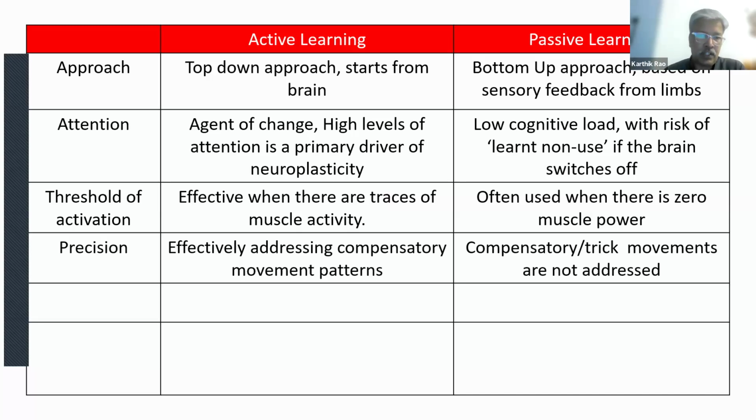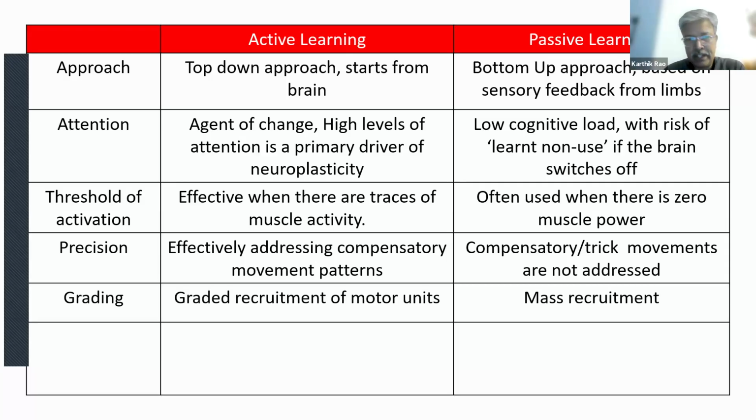When it comes to precision, when the patient is actively doing something, they're also addressing the compensatory movement strategies, because when I try to do a movement and instead of muscle A, I'm using muscle B, the person gets a feedback and then they try to correct that as well. But in passive learning, that is not addressed.